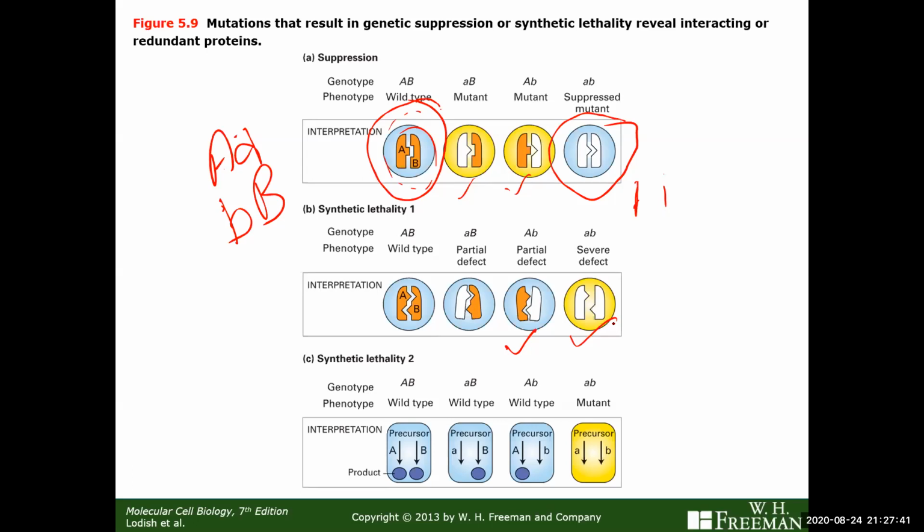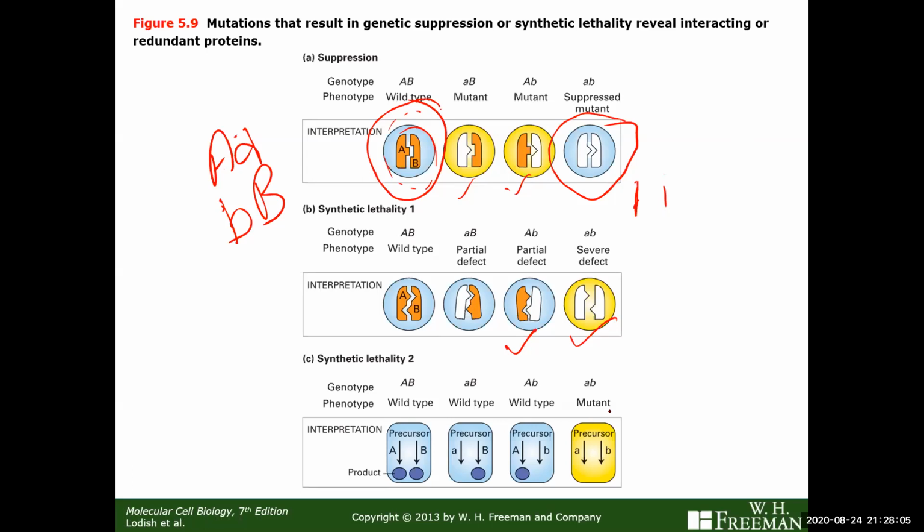It will not be as good as the wild type, but it is almost wild type. If only B is mutated, you will also have a reasonably happy animal. But if you combine the two mutations and you have both A and B mutated, then you will have absolutely no growth. So that is also synthetic lethality.